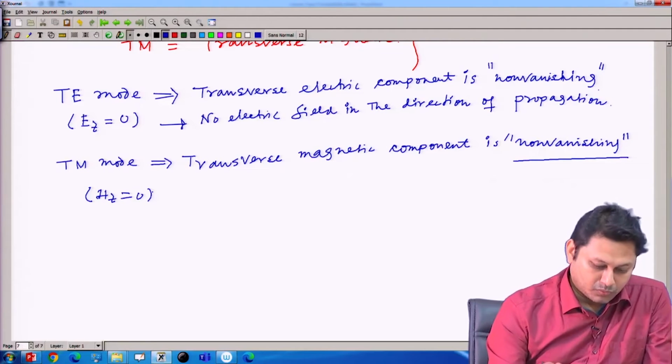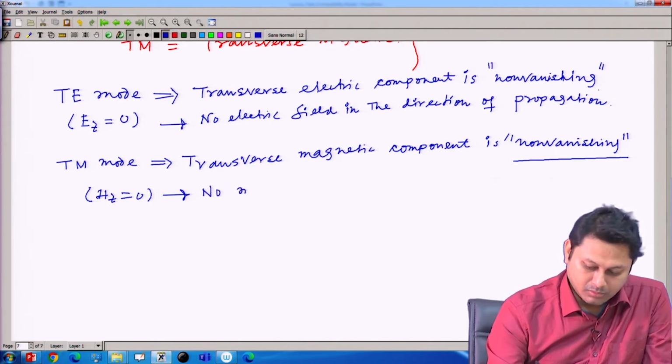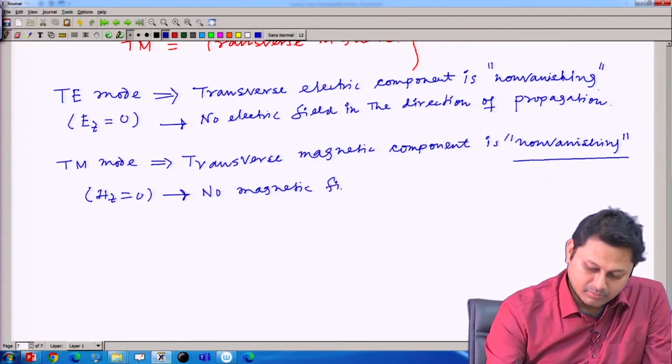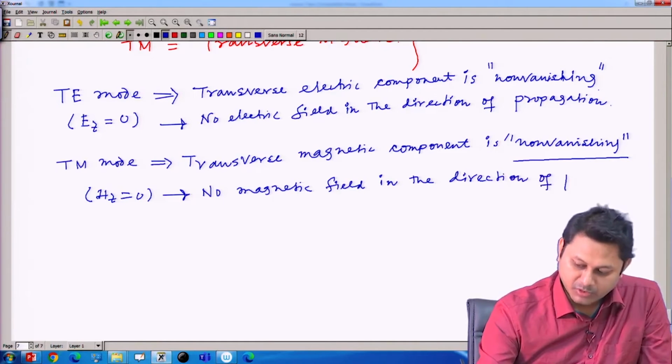So, that means no magnetic field in the direction of propagation.